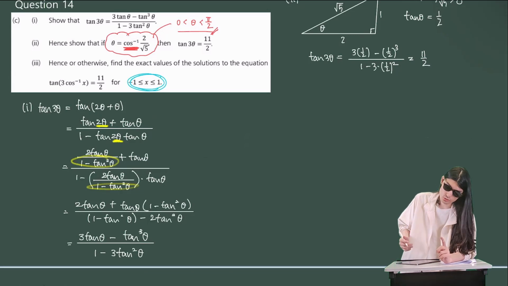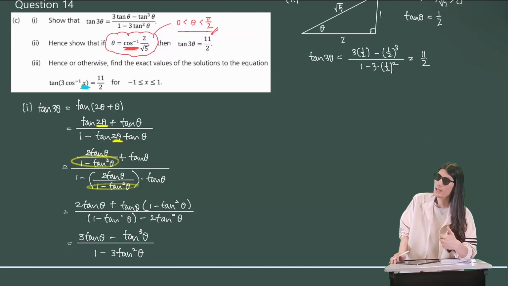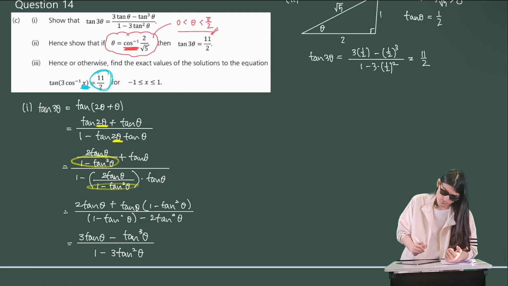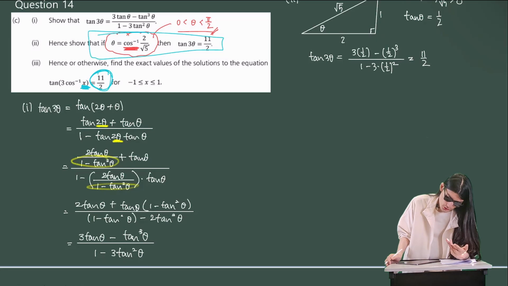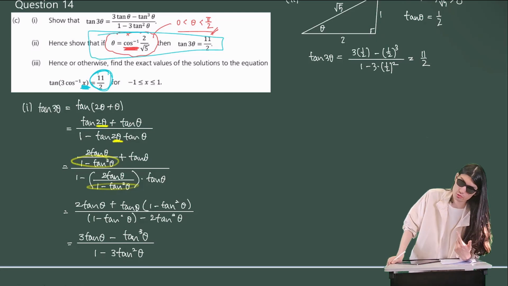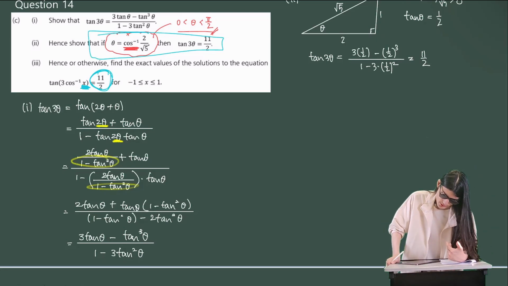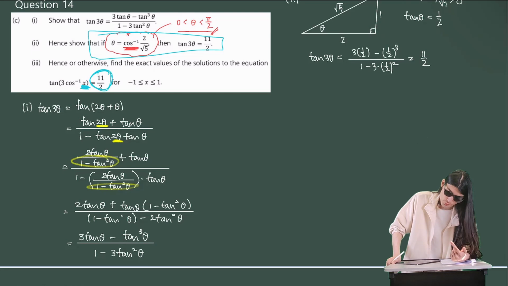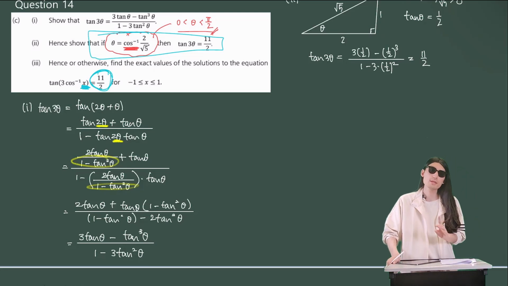We've shown in part 2 that if x is 2 on root 5, then tan 3 cos inverse 2 on root 5 is indeed 11 on 2.